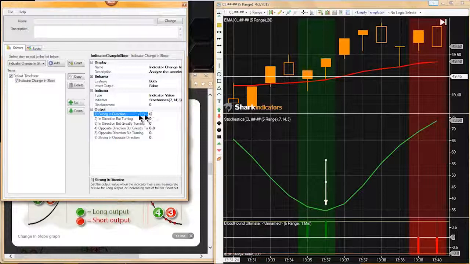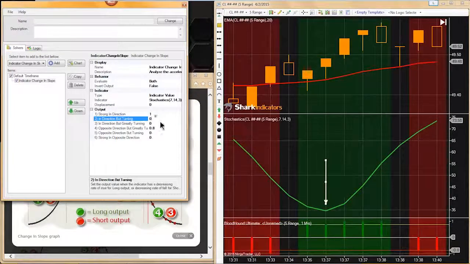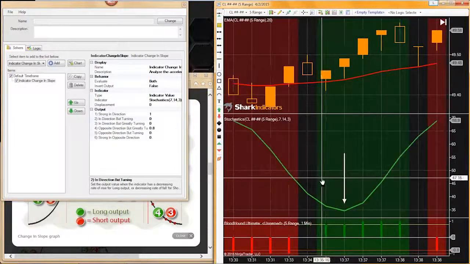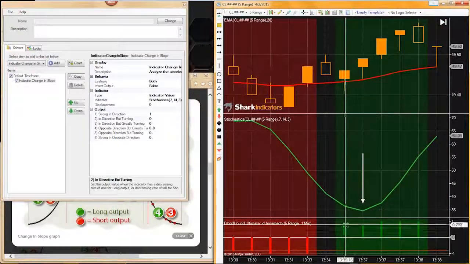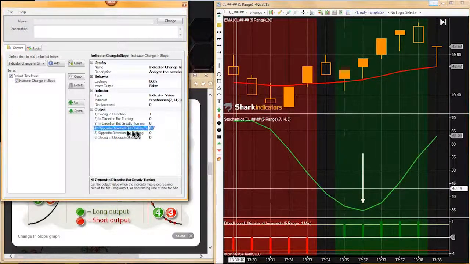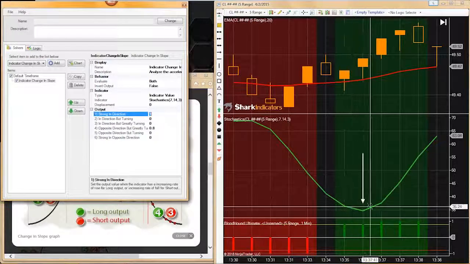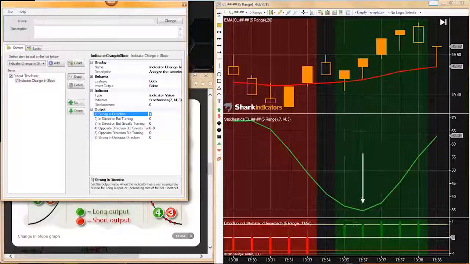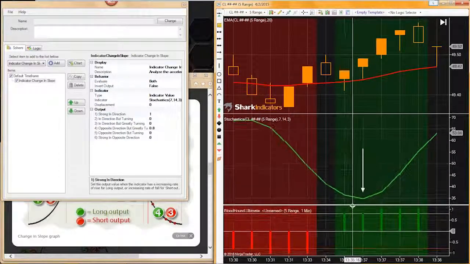If I put a 1 back in here in section number 1, then if we look at the output, remember number 4 I set to 0.8, and number 1 I set to an output of 1. Let's stretch this up a little bit.